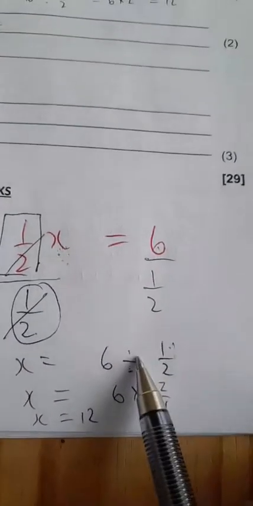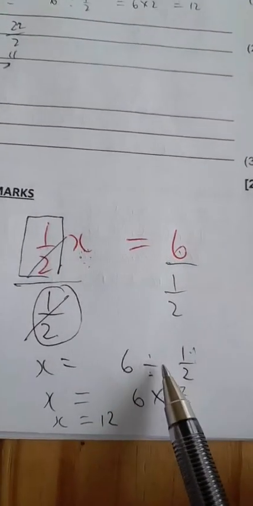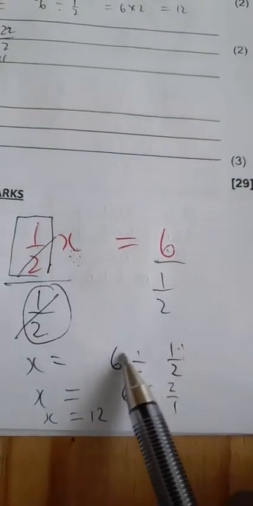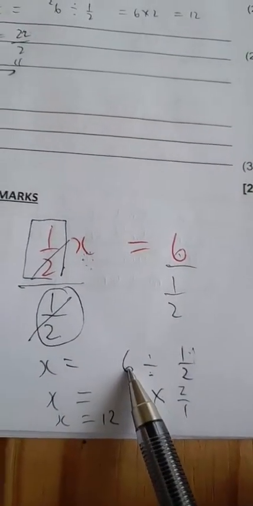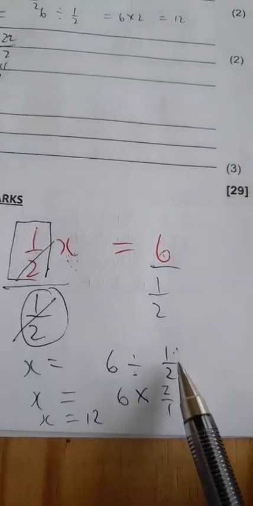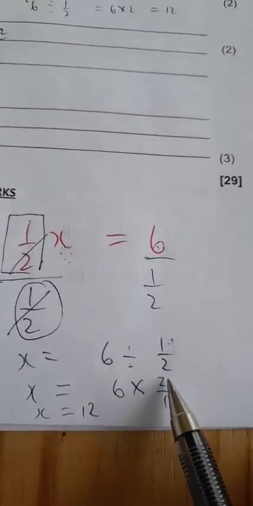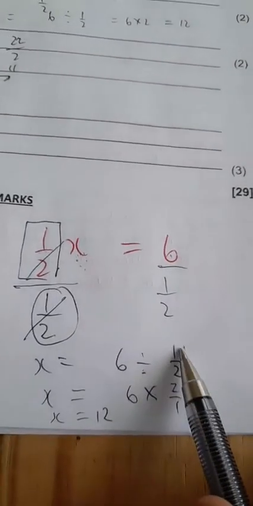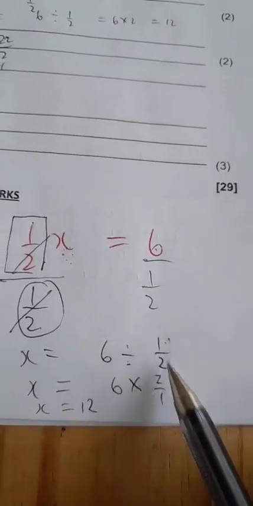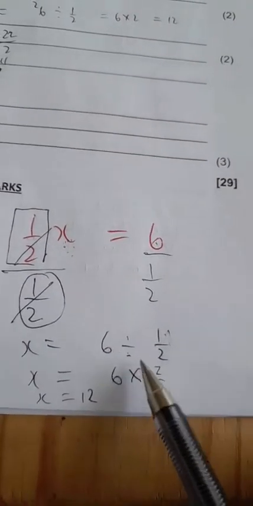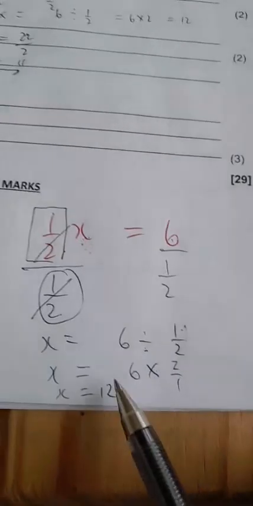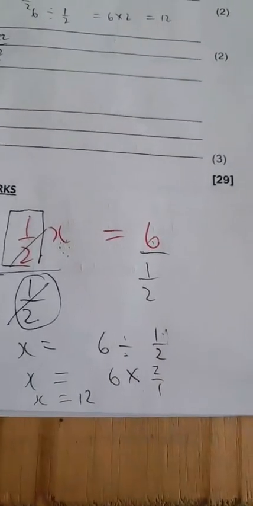This happens whenever we're dealing with division of these fractions: we express the division as a multiply sign, which means we have to write the second fraction as a reciprocal of the other fraction. And reciprocal just simply means that the denominator becomes the numerator and the numerator becomes the denominator whenever the division sign changes to multiply. And you always do it to the second fraction. You don't do it to the first fraction, but you do it to the second fraction.